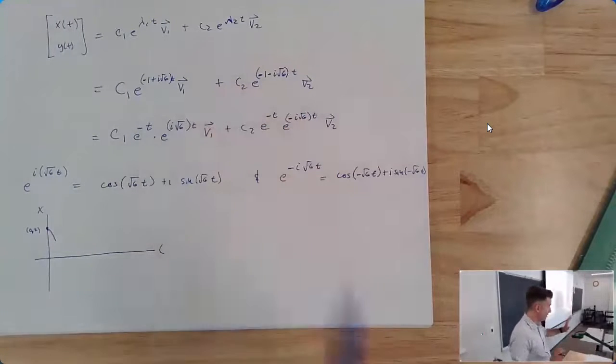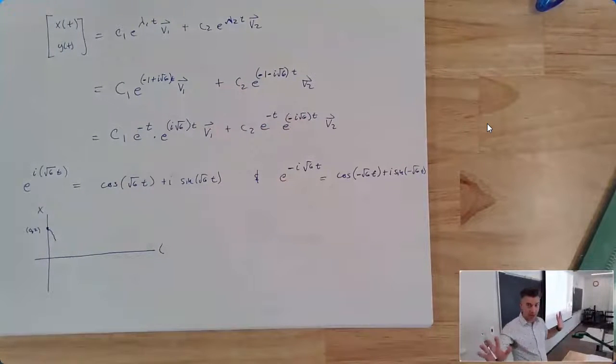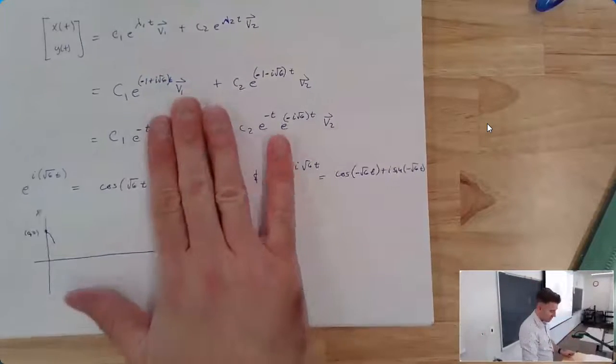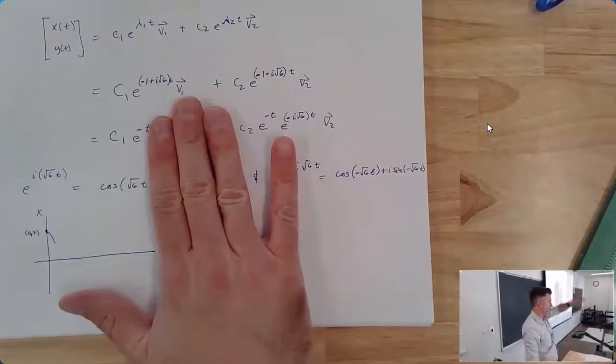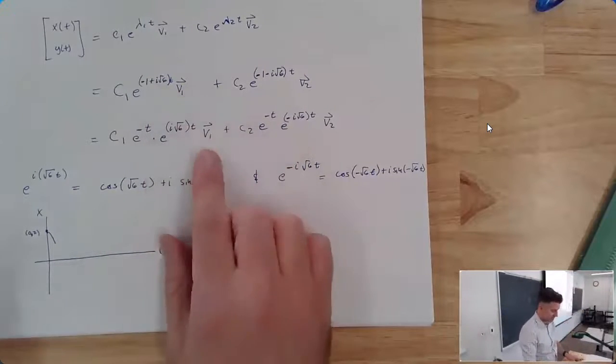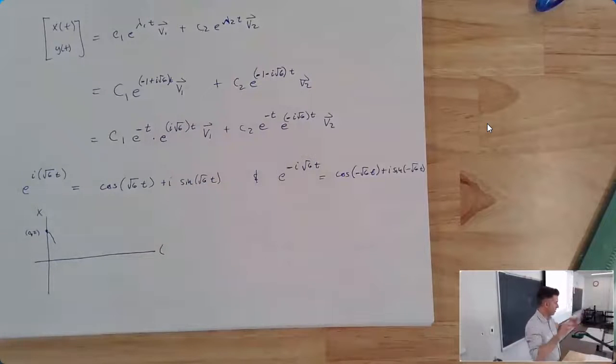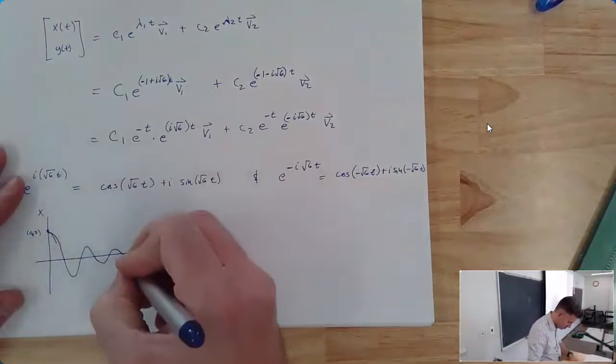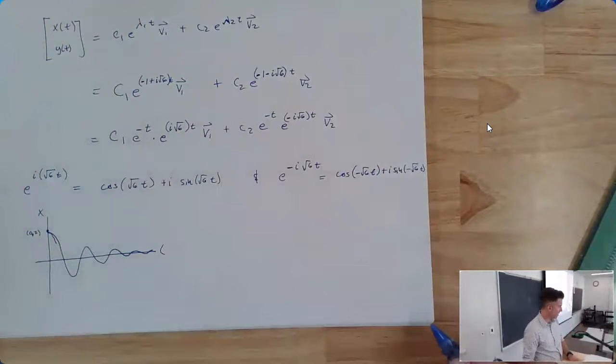Think about it: if you have e to the negative t, as time goes on, e to the negative t gets smaller and smaller. So normally, if we just had e to the negative t, it would just go down from left to right. But since it's e to the negative t times this thing that's going to oscillate up and down, it's going to do this kind of thing, like that.